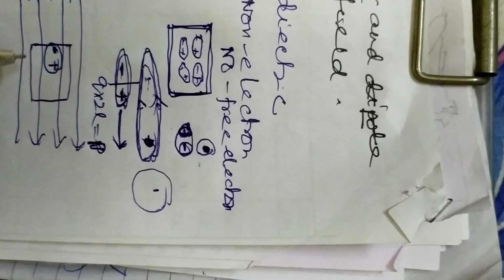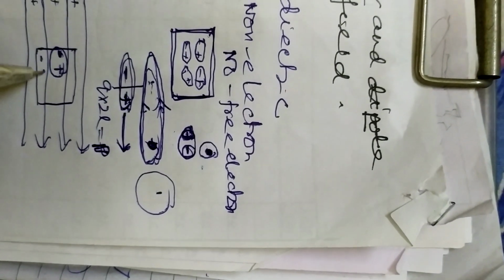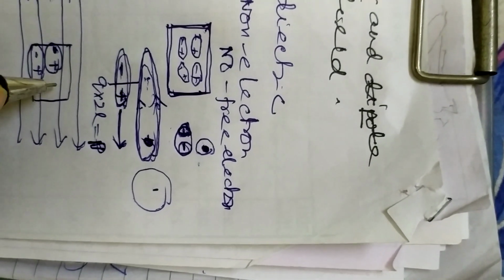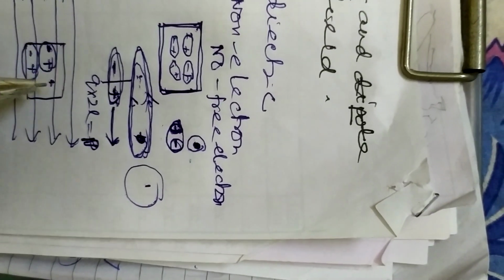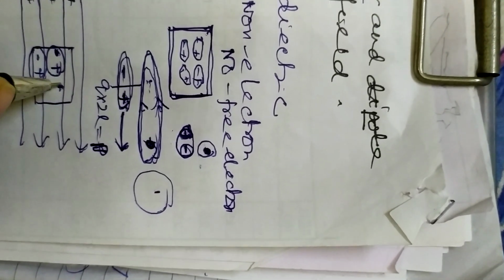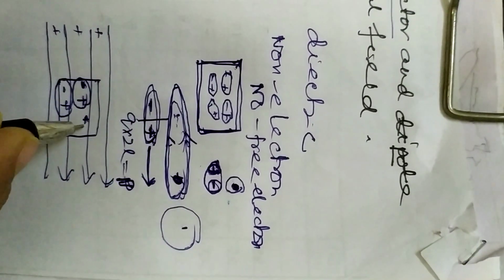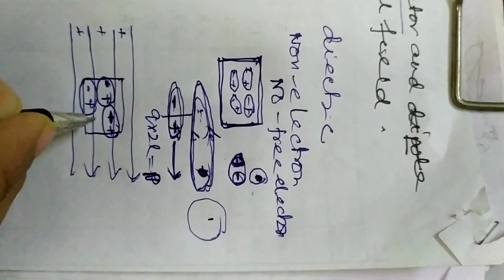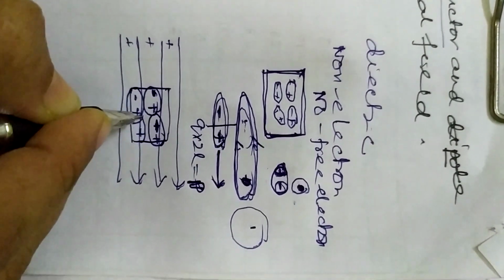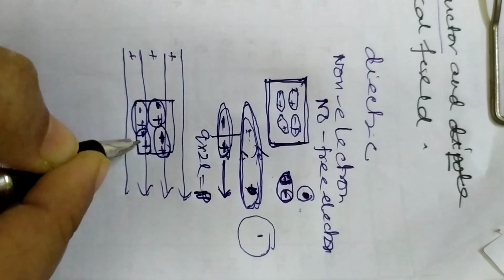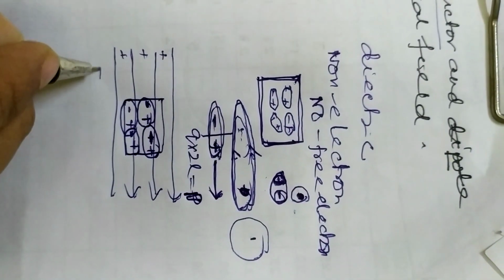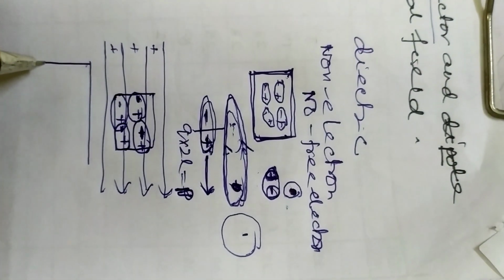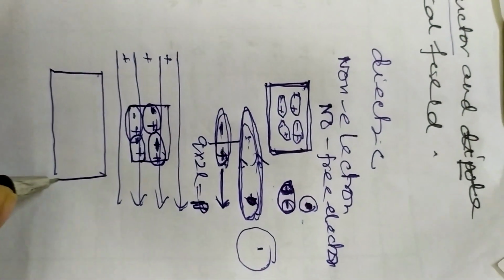So like this the dipoles will orient itself inside this dielectric. So this side there will be all positives, and this is the negative side. So we will be getting the orientations like this.